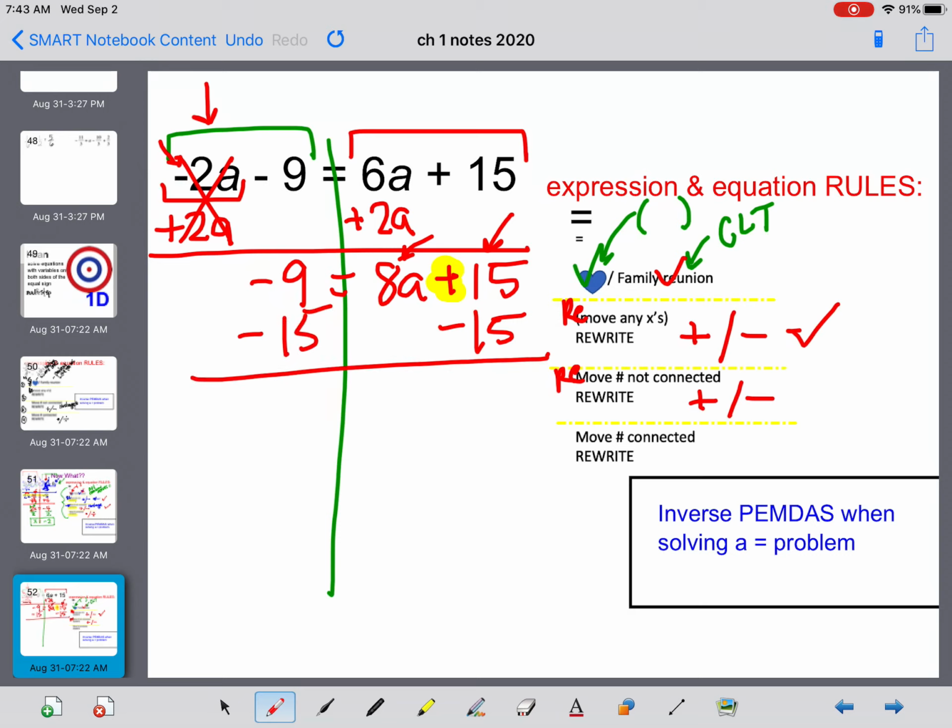That means I have to subtract 15 from the other side in order to rebalance my equation. This is going to go to 0, and 8a is equal to negative 9 minus 15 more, which gives me negative 24. Be careful with this. I see a lot of students who don't think about parity versus battle right here. Remember, these two are the same sign.